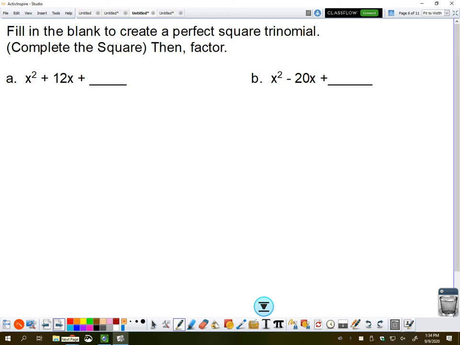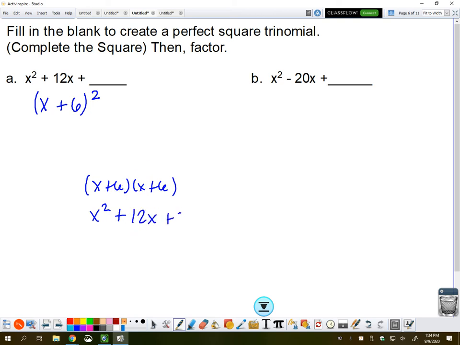Alright, so before we can use completing the square to solve, I want to make sure you remember how to complete the square. So to force this to be a perfect square trinomial, meaning I want it to factor into the same parentheses twice, we need this number to be half of this number. So if I multiplied this out, like x plus 6 times x plus 6, I'm going to get x squared, 6x, and another 6x would give me 12x.